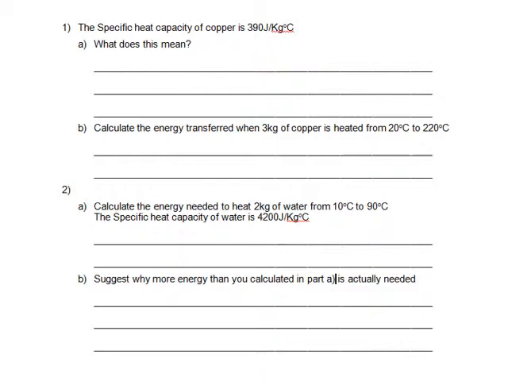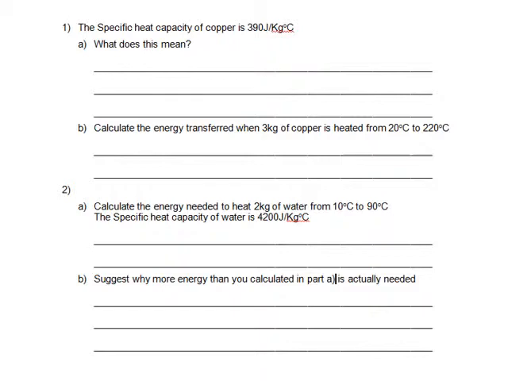So here are just a few questions that you can work on in your own time. What the specific heat capacity of 390 joules per kilogram per degree Celsius would be. Calculate the energy transferred when 3 kilograms of copper is heated from 20 to 220 degrees Celsius.